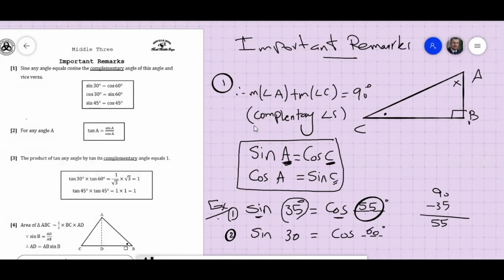You can check by using the calculator. Sine 30 equals half and cosine 60 equals half. So why are they equal? Because 30 and 60 are complementary angles. This is the first remark of our lesson today.